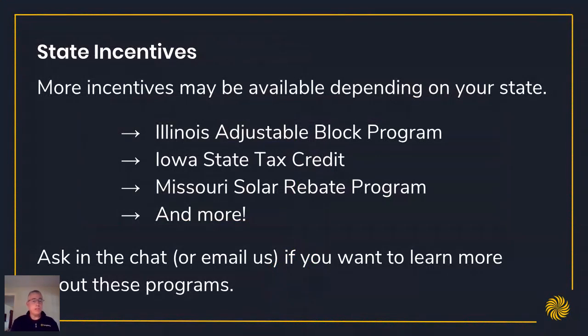But essentially, the Illinois Adjustable Block Program works in that the Illinois Power Agency is going to pay you to install solar based on the size and production of your system. So it is actually a cash benefit to you to install solar. In Iowa, we have a state tax credit that applies to your state income taxes in addition to the federal tax credit.